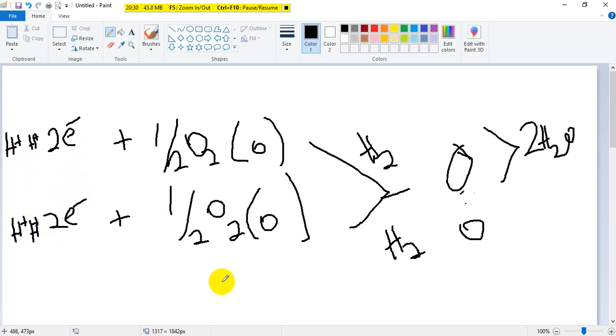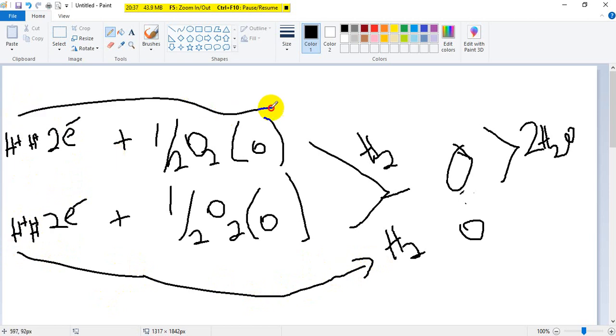So this one will be H2. These 2 protons will produce this H2, then these 2 protons will also produce this H2. When we add these 2 electrons to these protons, this H2 will add to half O2, which is O, to produce water.